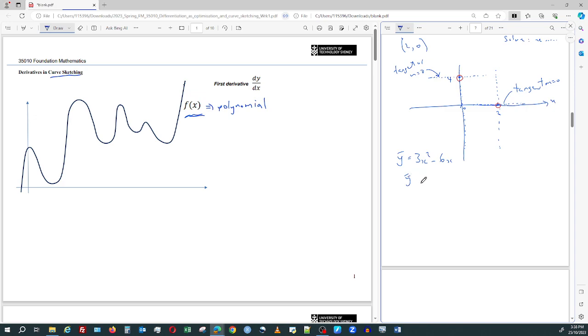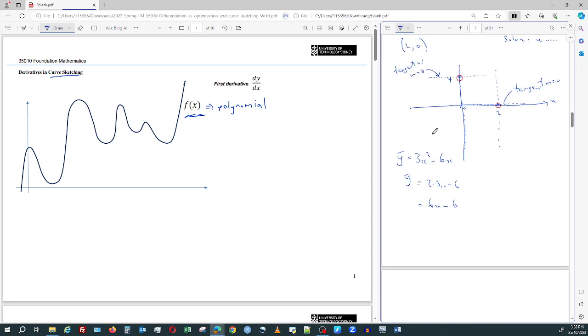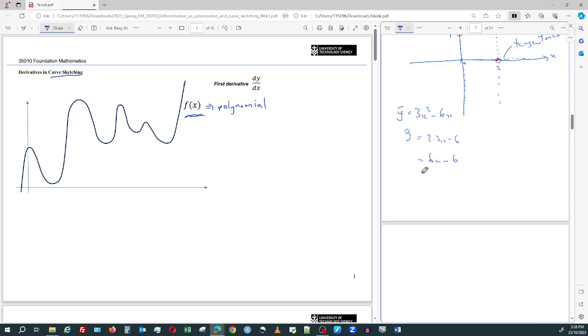The second derivative will be 3 2s are 6x, and that one loses its x, so we get 6. So we get 6x minus 6. And because we're checking the values here, 0 and 2 are the 2 values we want. Because we're checking those values, we can use function notation.